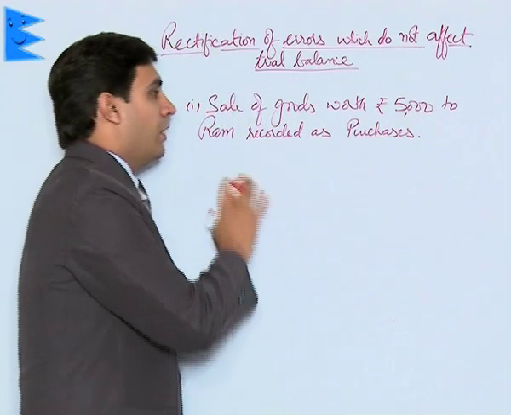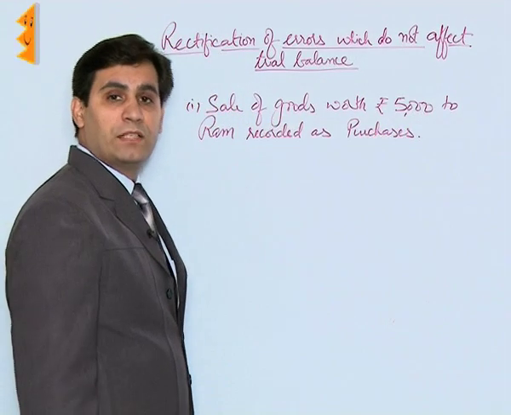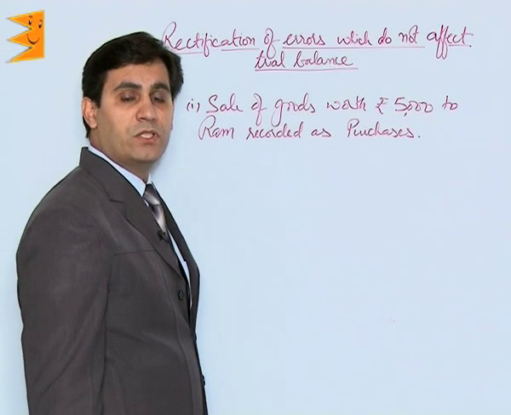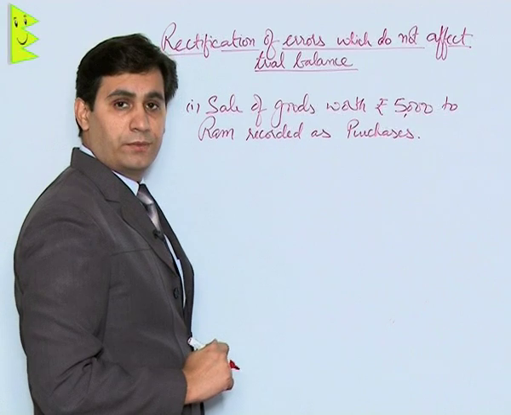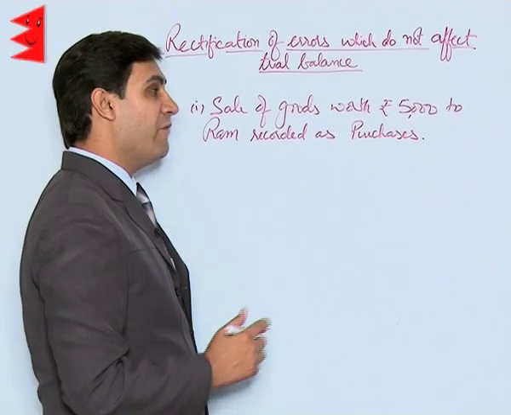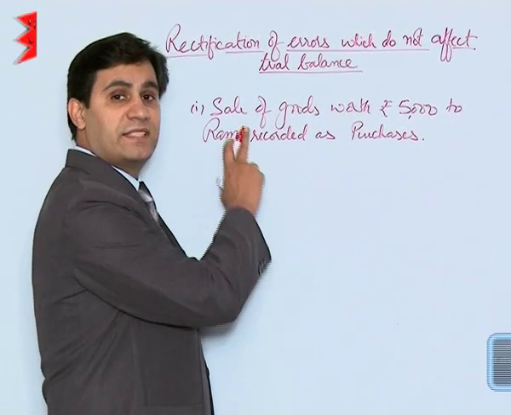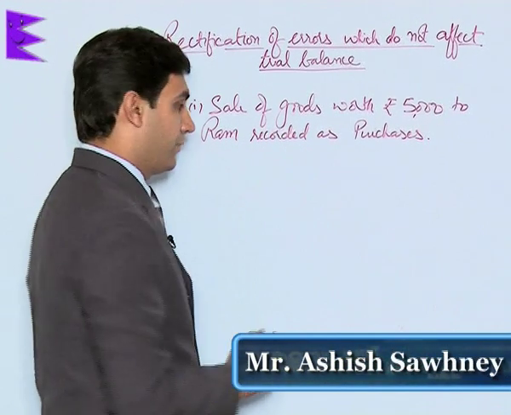That means we had sold goods worth rupees 5,000 to Ram, but unfortunately these were recorded as purchases. That means we have made a mistake of recording a sale as a purchase.